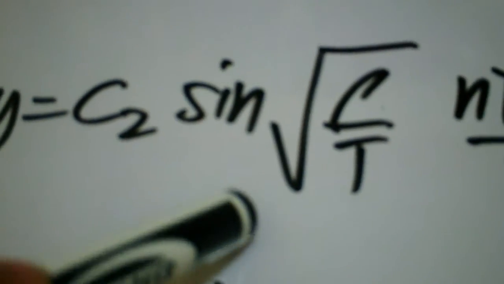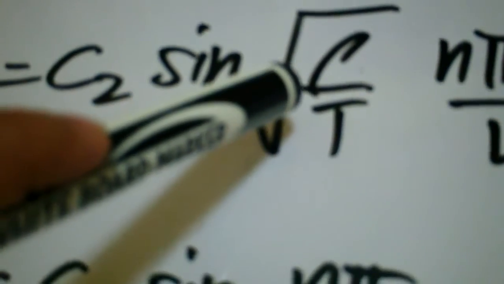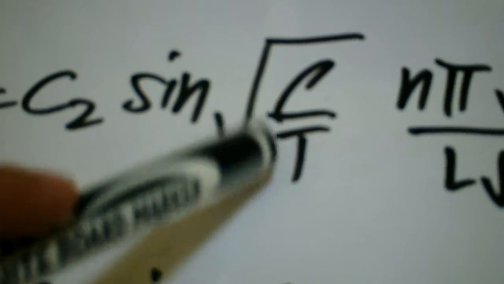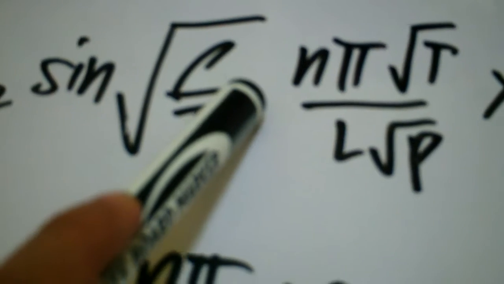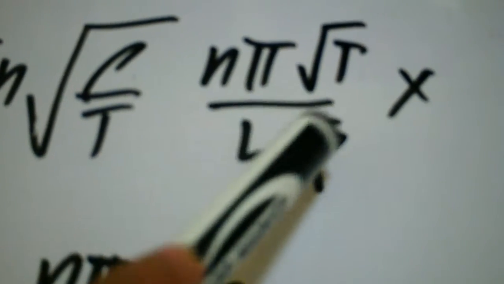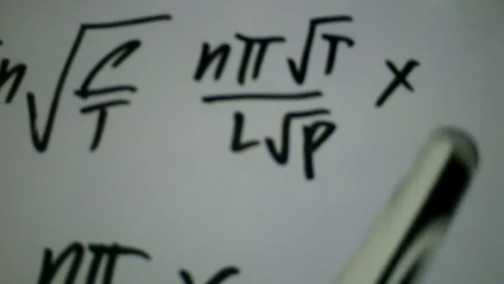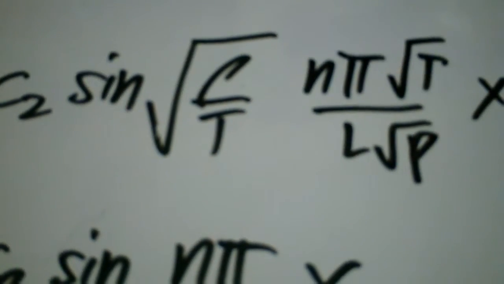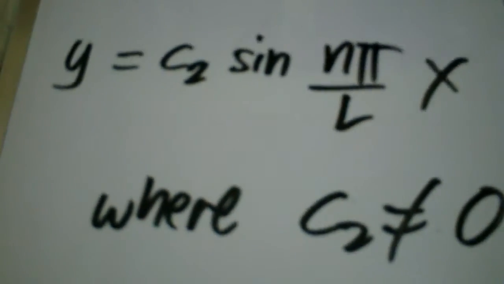We will get y equals c2 sine of square root of rho over T, and from the omega, which is n pi square root of T over L square root of rho, x. By simplifying it further, we will get y equals c2 sine of n pi over L x, where c2 must not be equal to 0. So this is our final answer.